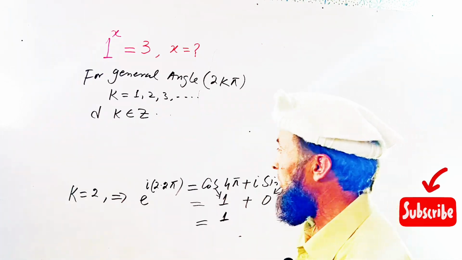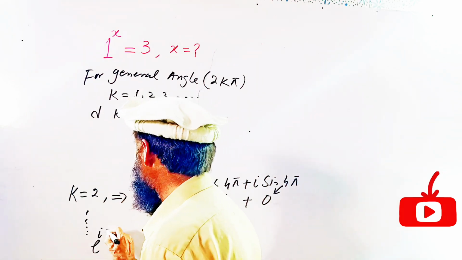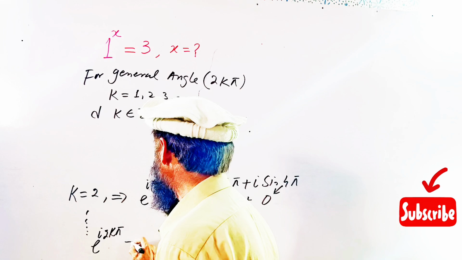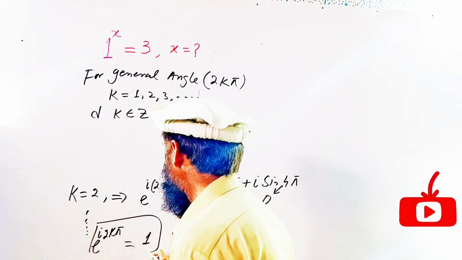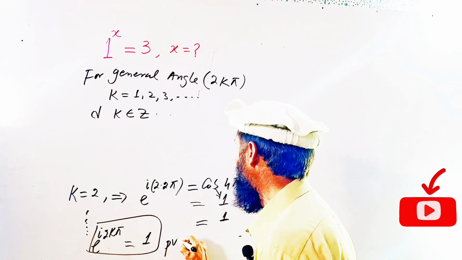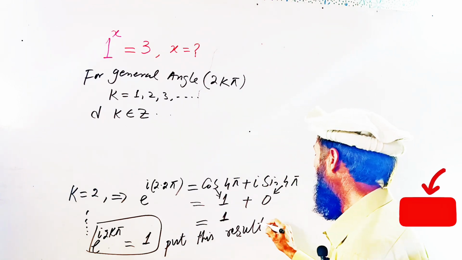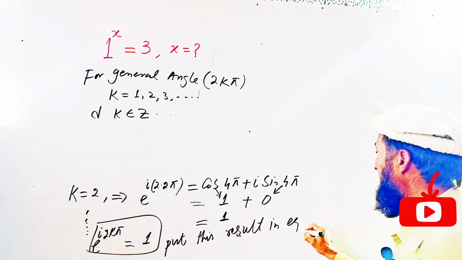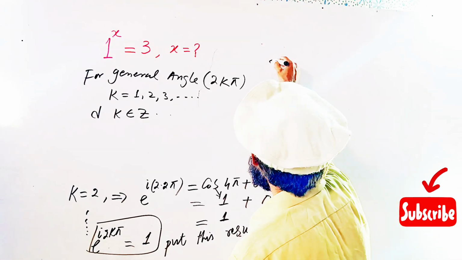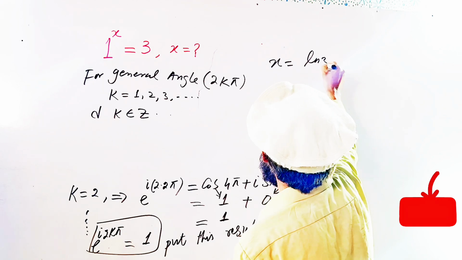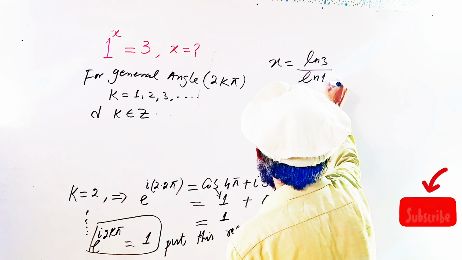It means that if we proceed with e^(i 2k pi) for the general term, the result will be equal to 1. Now we put this result in equation number A. In equation number A, we already have the result log of 3 divided by log of 1.